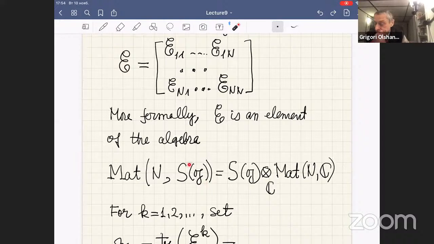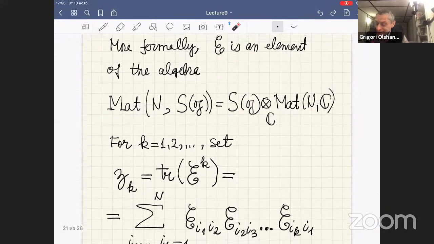This makes sense. And this is the equivalent reformulation: this object is the same as the tensor product of the algebra, which is the coefficients here, and the algebra of matrices. So this object is correctly defined.